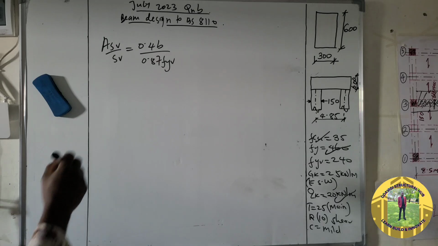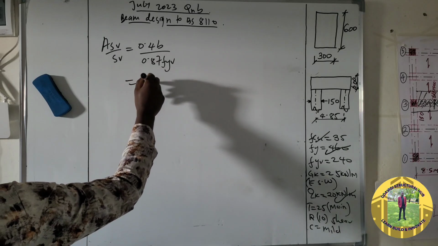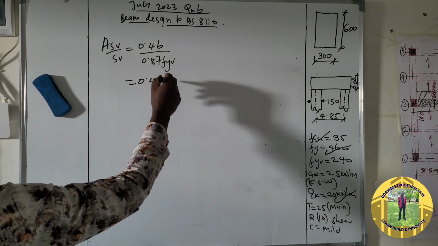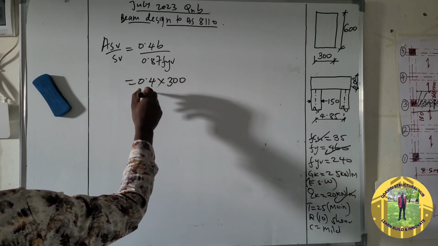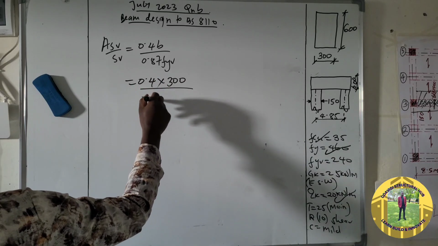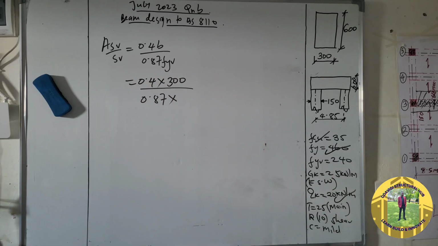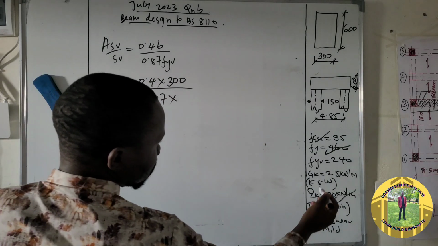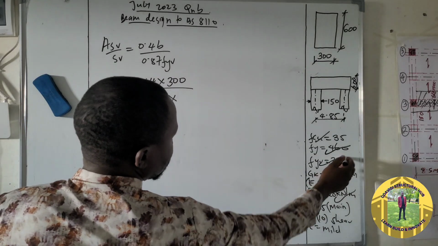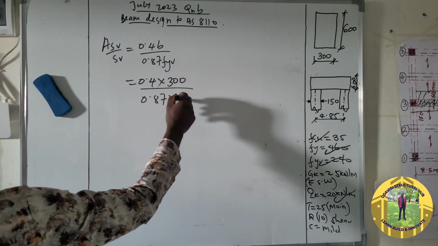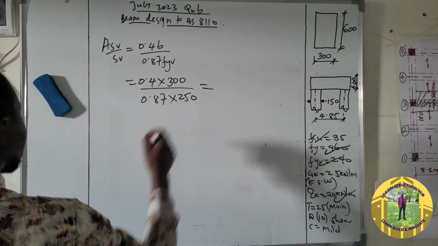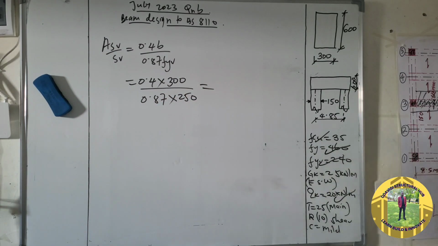So this one is equal to 0.4 times b, which is 300, over 0.87 fyv, where fyv is 250. So this one is equal to 0.552.